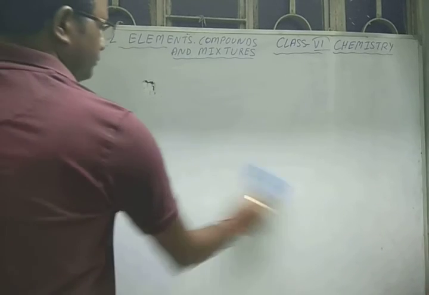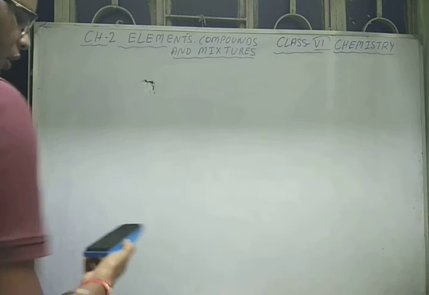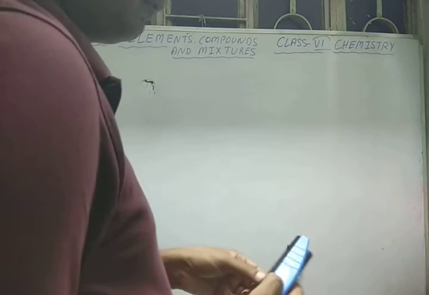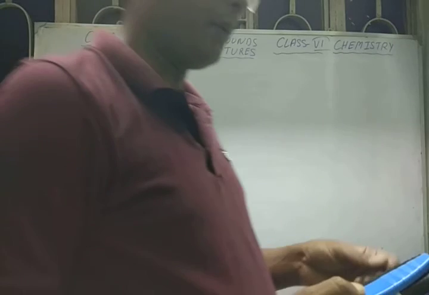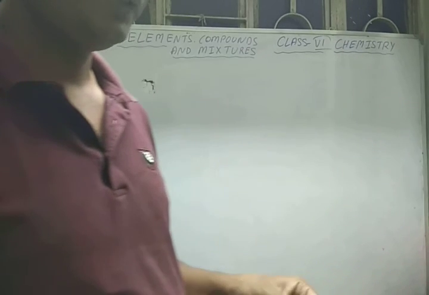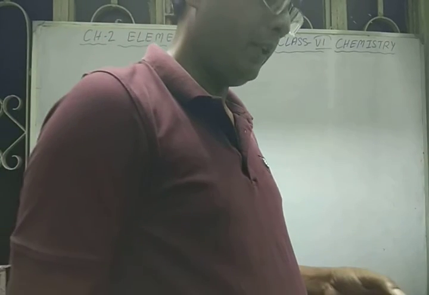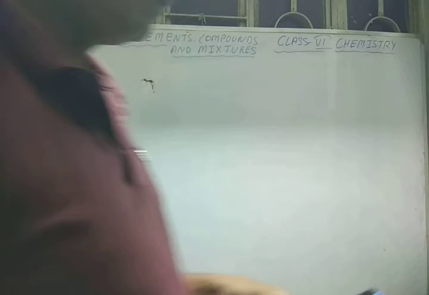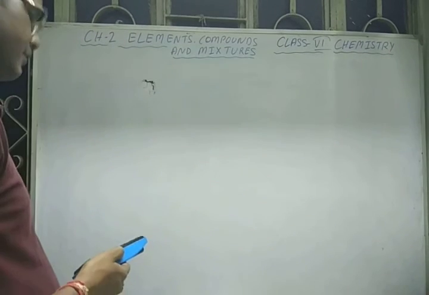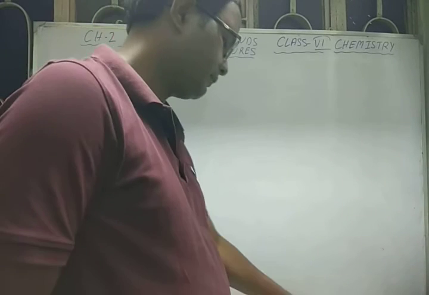So the classification of elements, or remembering the properties of elements, is not an easy job. To overcome that problem, we need a systematic study of these elements to remember them.